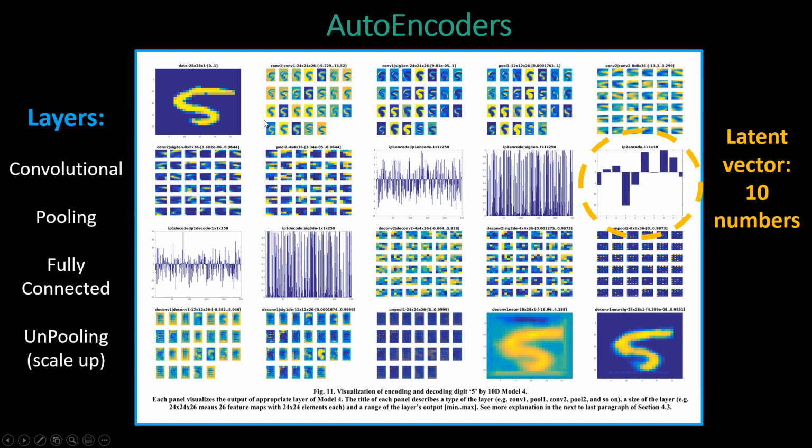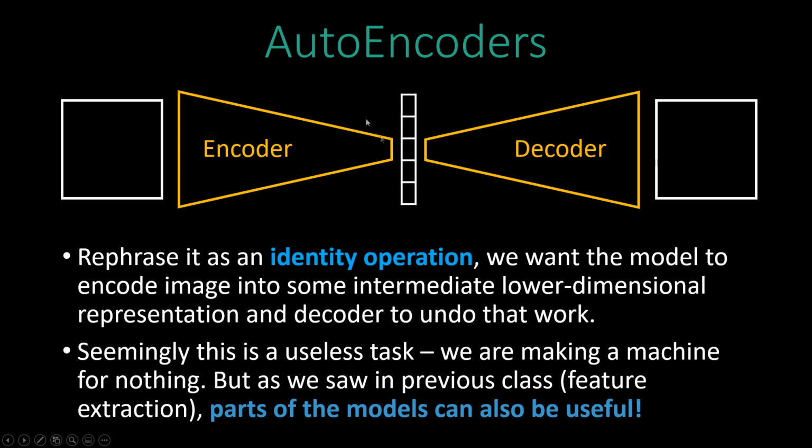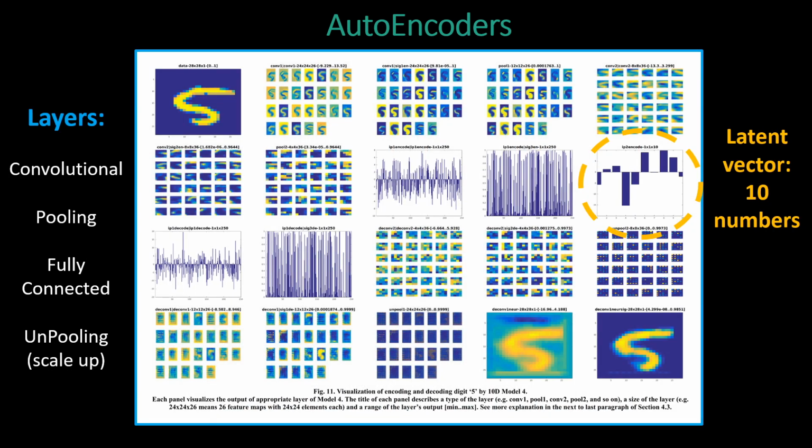So what happens here is that this is the AutoEncoder model. It is basically the same thing that was shown here. There is an encoder part, some sort of latent representation, and then the decoder. And if we look at this, this is a visualization of the layers inside this model.